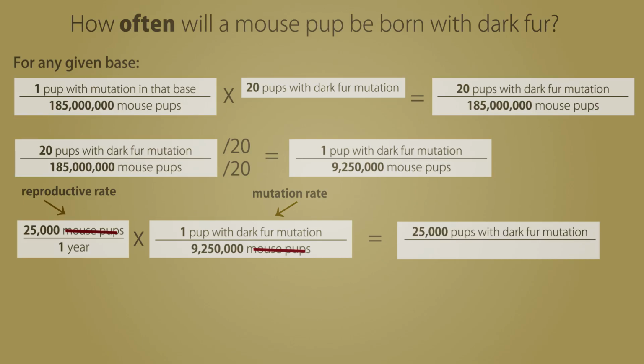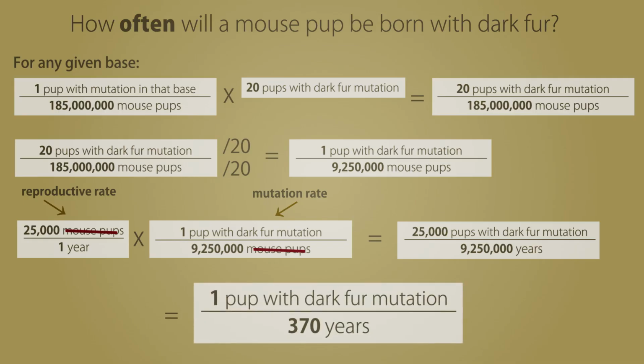And 1 times 9.25 million is 9.25 million. Now we have 25,000 dark fur pups over 9.25 million years. Doing this division, we now have 1 dark fur pup per 370 years. So a pup with a dark fur mutation in this gene should come around once every 370 years.